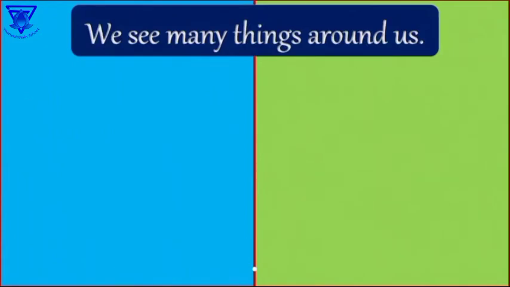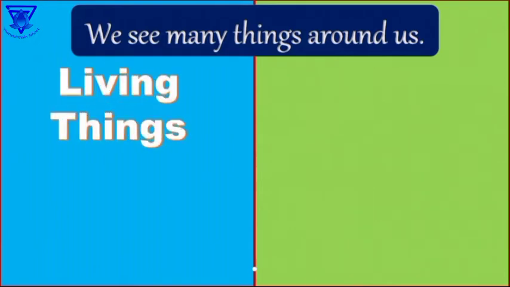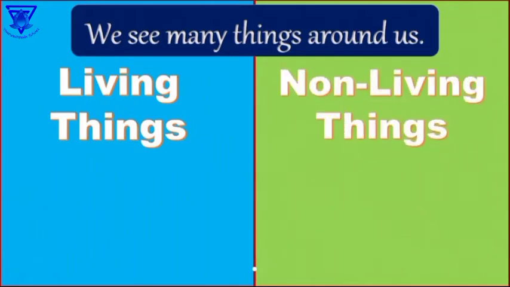We see many things around us, and the planet is full of life, from mountains to oceans, from plants to animals. There are many things in our surroundings which can be categorized into two: the living things and non-living things.